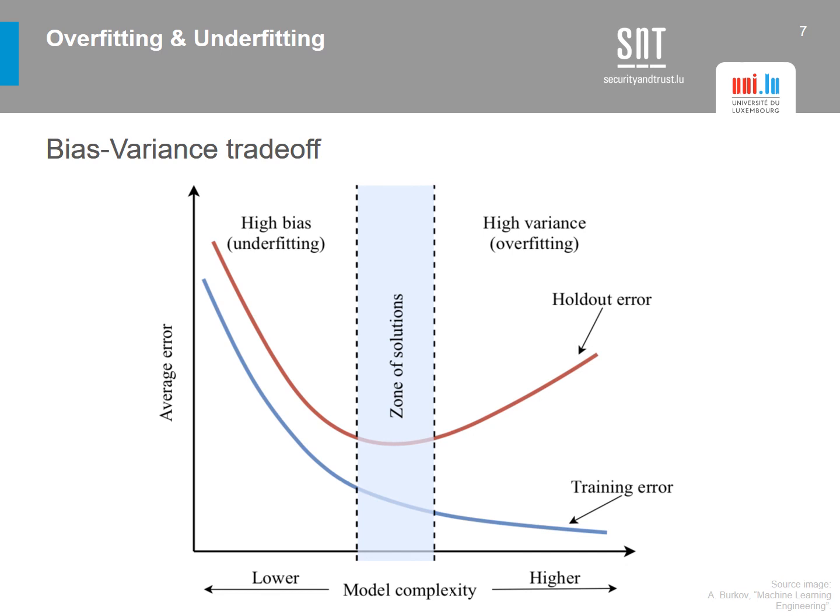If our training error is very low and our holdout error is very big, it indicates that our model has learned so much from the training data, learned by heart, that it doesn't generalize well to new data that it didn't see. To attain a bias variance trade off, what we want is a model that is complex enough, but not too complex, kind of in the middle zone.